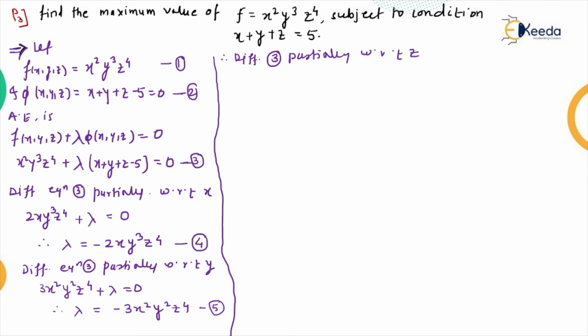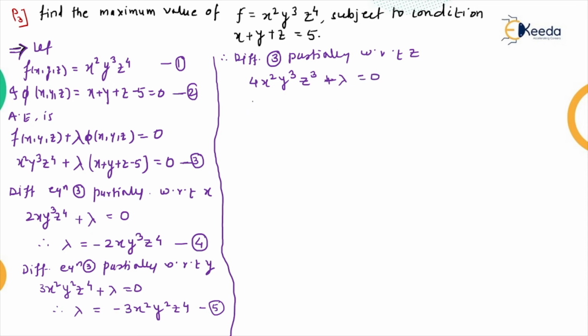After differentiating with respect to z, with x and y constant, we get 4x square y cube z cube, because the derivative of z raised to 4 is 4z cube, plus lambda, as the remaining terms in the bracket give only lambda, equal to 0.